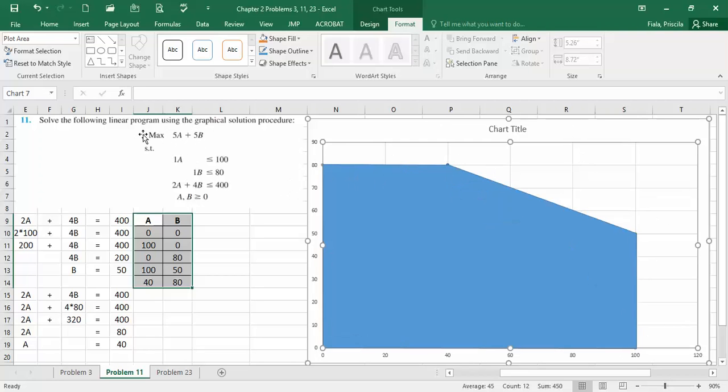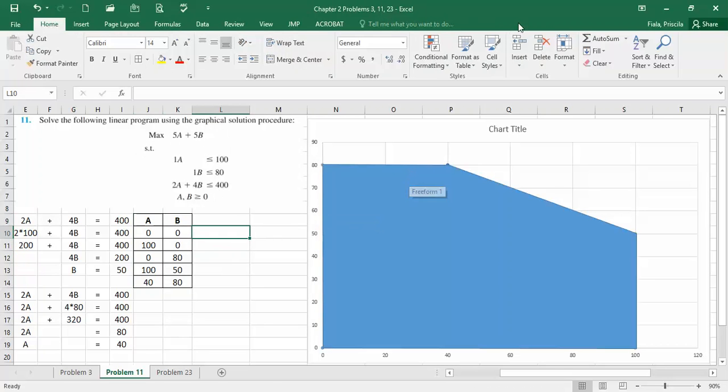That means if I'm maximizing this objective function, I'm looking for the higher value. It could be in dollars or whatever the problem is trying to maximize: profit, asset allocation, whatever it is. Well, how can we do that? Your textbook mentions, I don't know if it's section 2.2 or 2.3, that it really doesn't matter what method you choose to graph your chart.